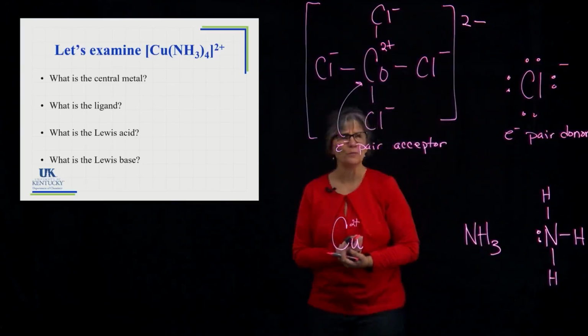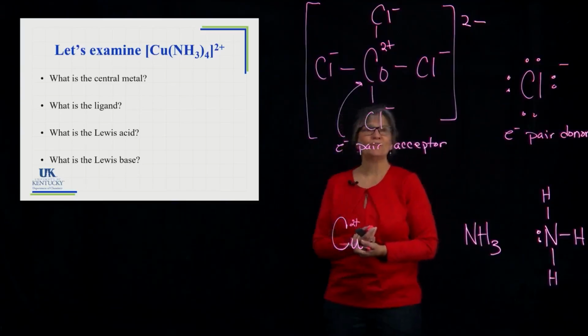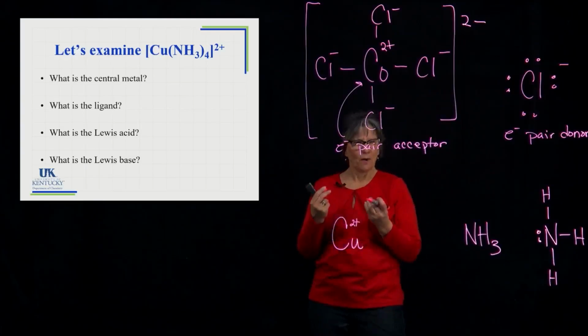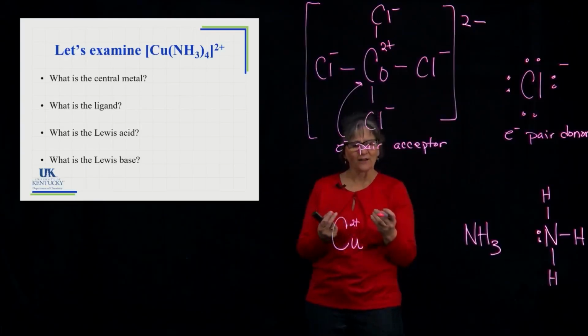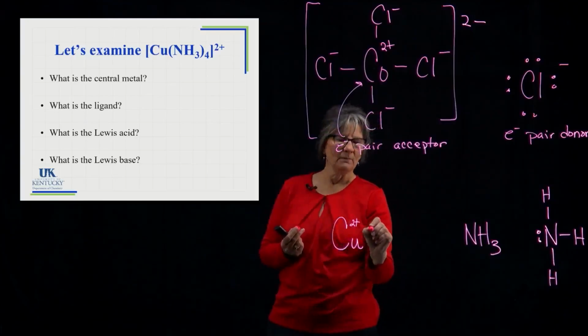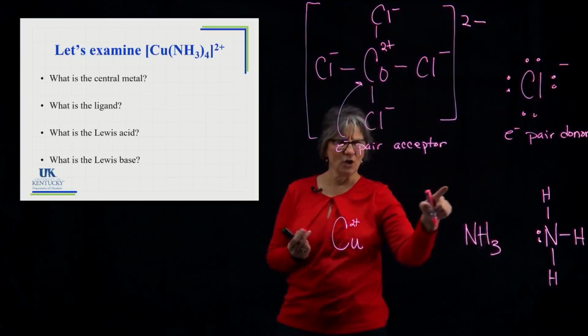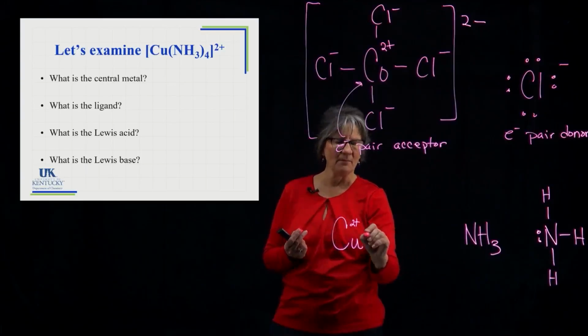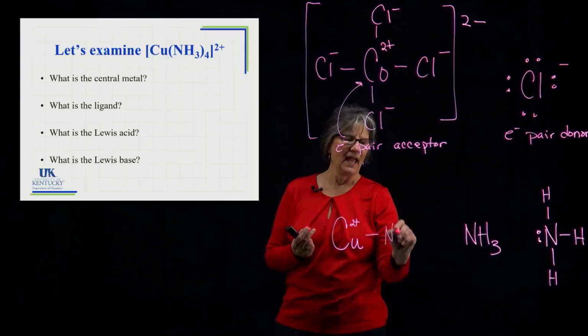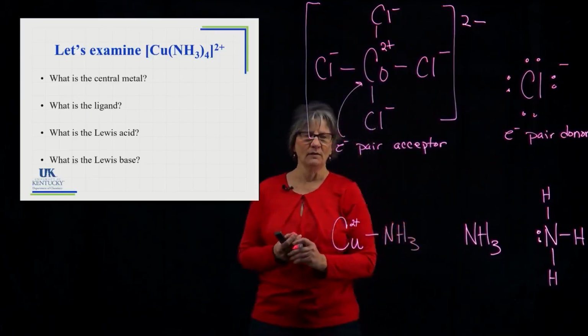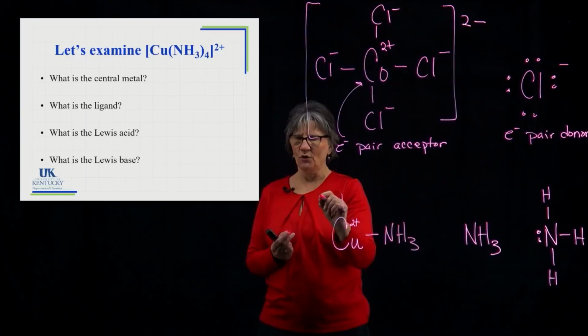Now this copper 2+ would love to accept a pair of electrons. Positives and negatives attract. So we end up forming, with those 2 electrons being donated to the copper, a bond between that and the ammonia. That happens 4 times over.